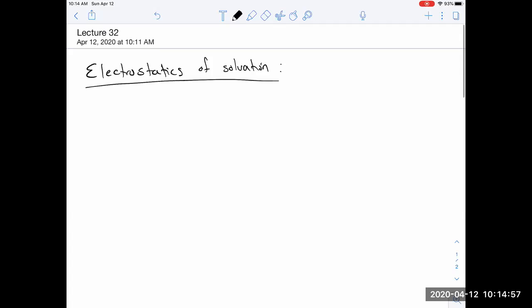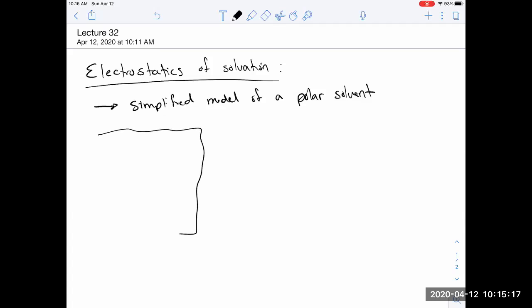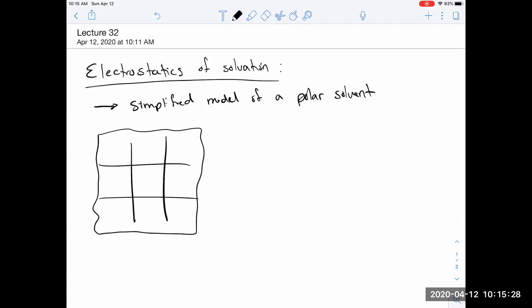Okay. So the first goal is to build a simplified model of a polar solvent. What we're going to imagine is that we can pick out in our polar solvent, something like water, some region of space, which we can then carve up into cells, our favorite thing to do.